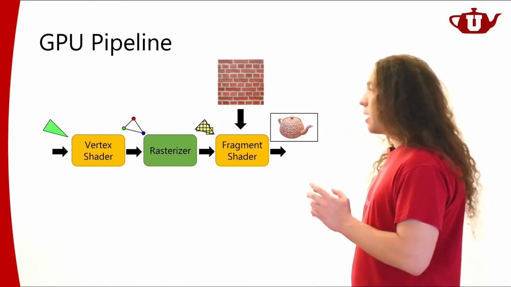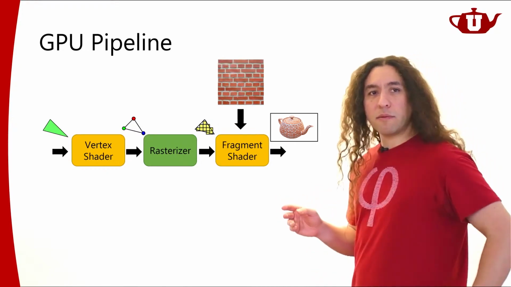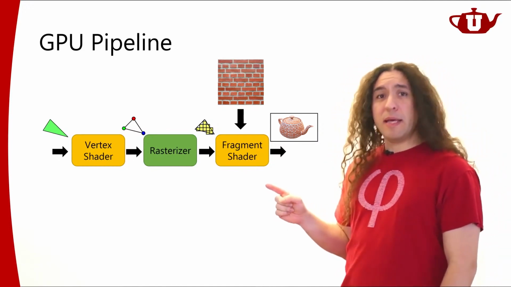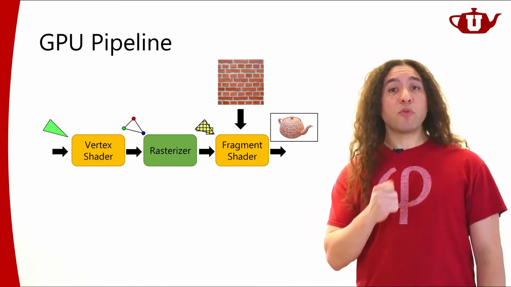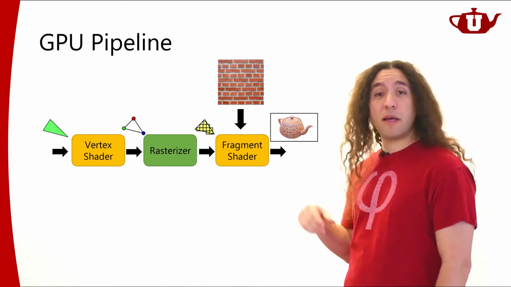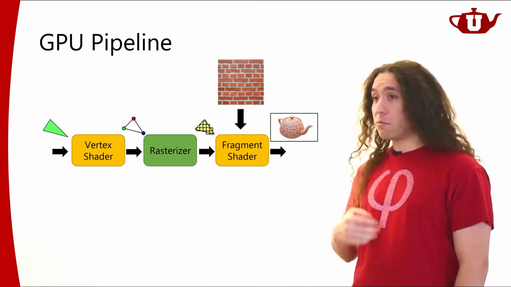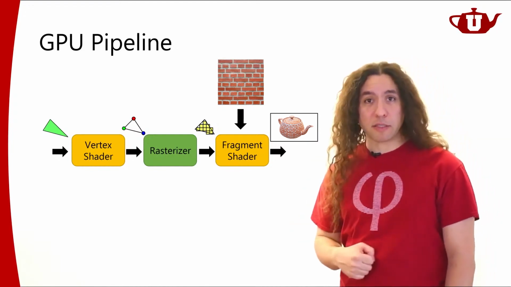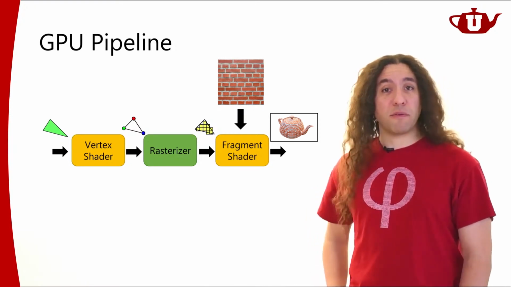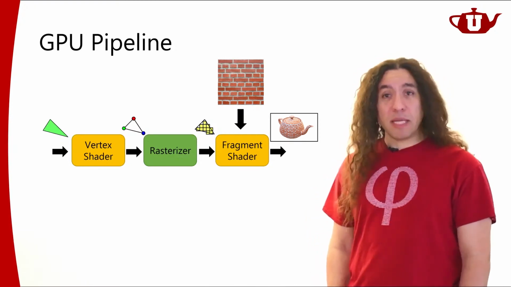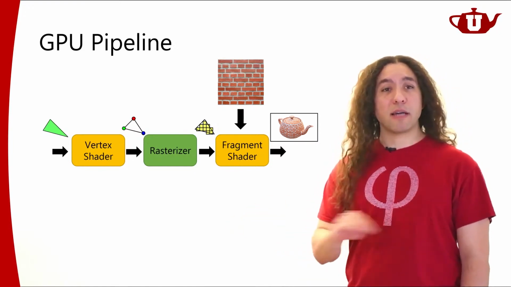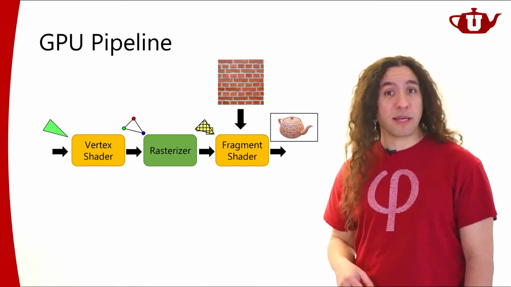We're going to be using textures in the fragment shader, and actually we're going to be specifying our material properties using textures. For example, our diffuse color can come from a texture. Our specular color can come from a texture. All of these material properties that we've been using for shading can be defined by a texture. So I don't have to have the same diffuse color over the entire surface.